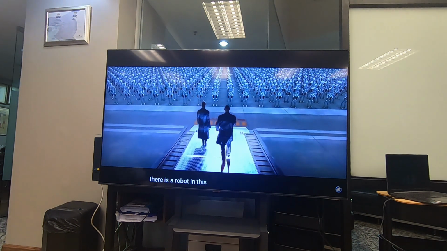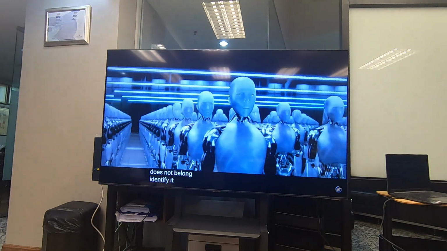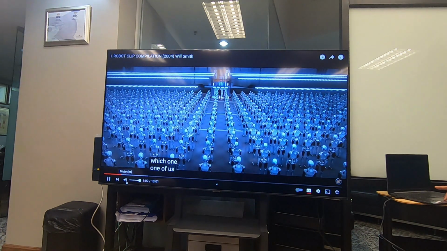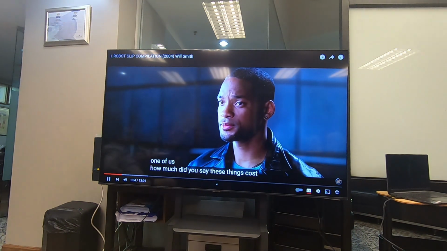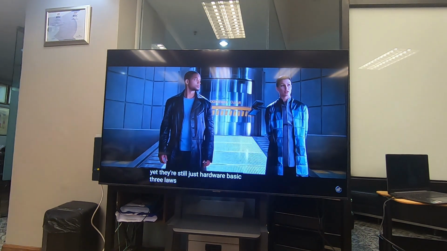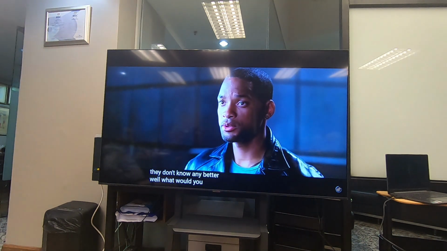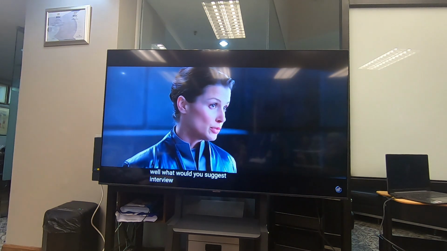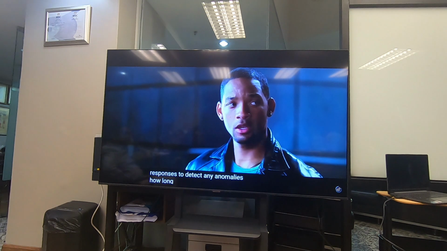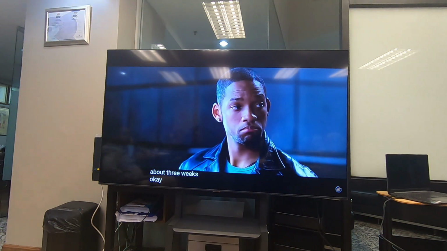There is a robot in this formation that does not belong. Identify it. Which one? How much did you say these things cost? Look, these NS5s haven't been configured yet. They're still just hardware. Basic operating system. That's it. What would you suggest? Interview each one. Cross-reference their responses to detect any anomalies. How long would that take? Okay. Go get started.